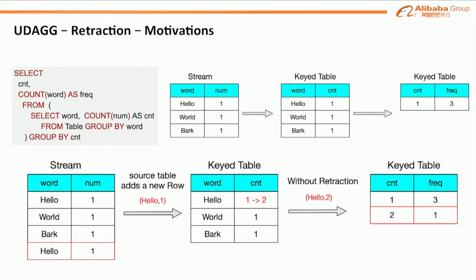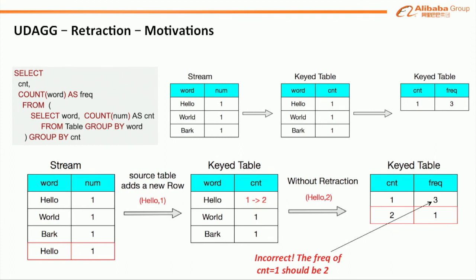So is this correct? No, because this value is incorrect. At this stage, only two words have appeared once, so the frequency for count 1 should be 2, not 3. Why did this happen?